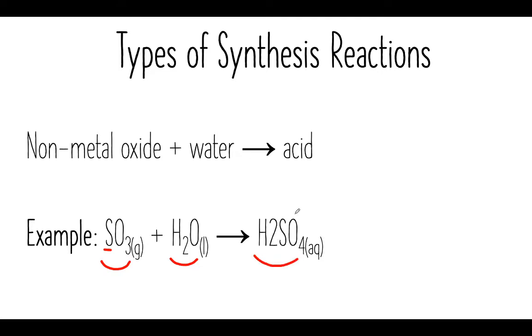And this acid is usually an oxyacid, and the nonmetal that you're starting off with is going to be the one with the polyatomic ion in that acid. So for example, if the nonmetal is sulfur, if it's sulfur trioxide, as shown here, reacting with water, the polyatomic ion that's going to be in the acid is going to be sulfate, making this sulfuric acid.